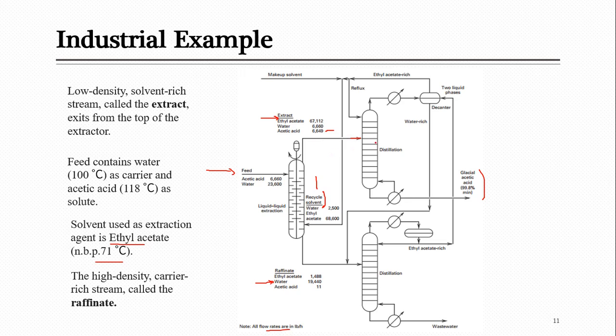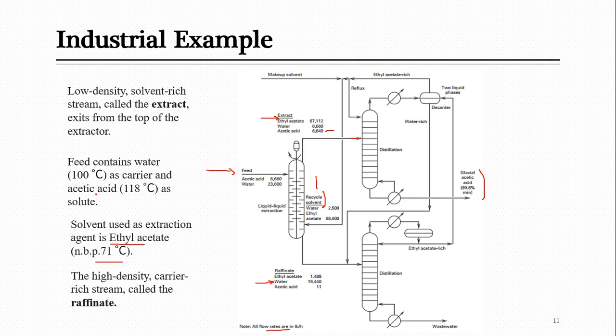When it enters the distillation unit, it will be separated into top and bottom streams. Now just think for a while: there are three components, acetic acid, water and ethyl acetate. Which one will go to the bottom and which one will go to the top? Definitely the lighter one will go to the top and the heavier one will go to the bottom.